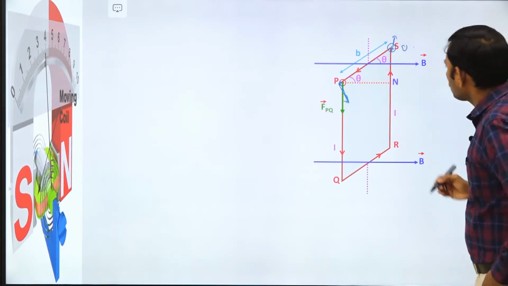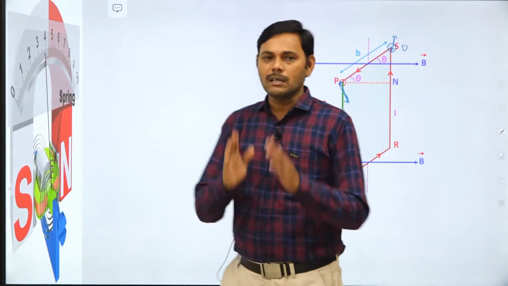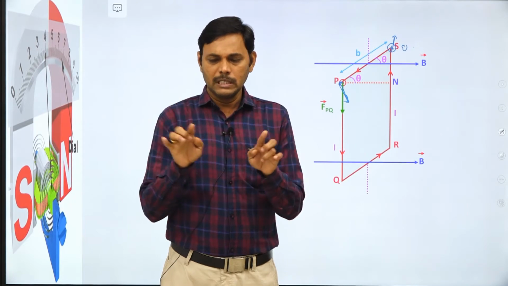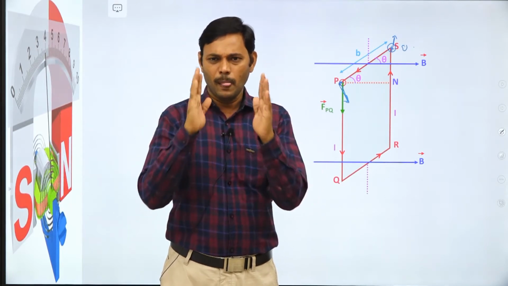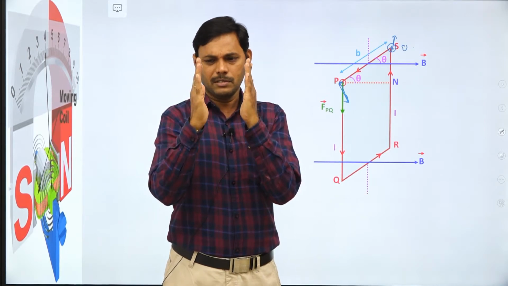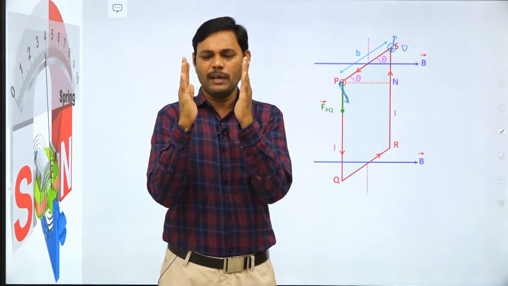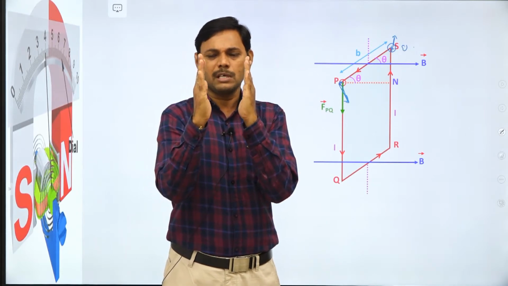This is out of the board and this is into the board, and it produces a torque. If you assume this is a rectangular lamina, it rotates in this direction. As it rotates, the perpendicular distance between the two forces goes on changing.